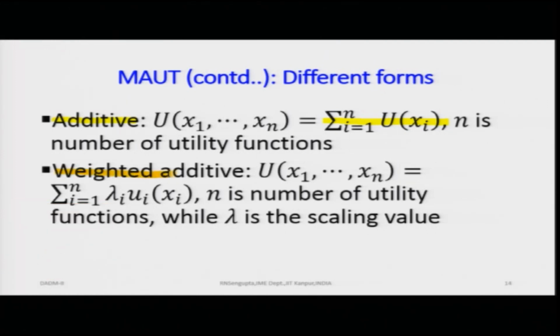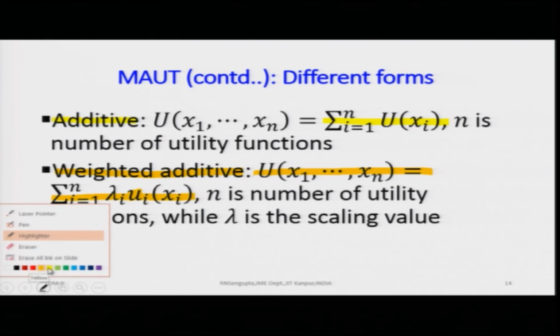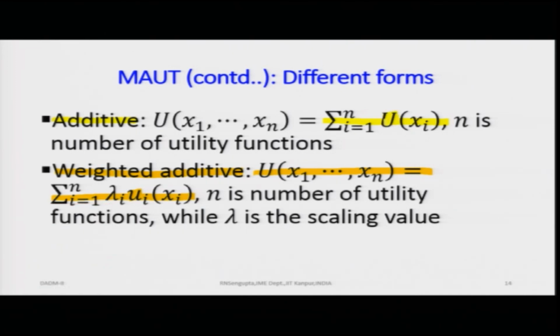So, the weighted additive functions and these are the scaling functions. And the values of small u and capital U are the same, they do not make any difference. I am taking a utility function as a functional form only.